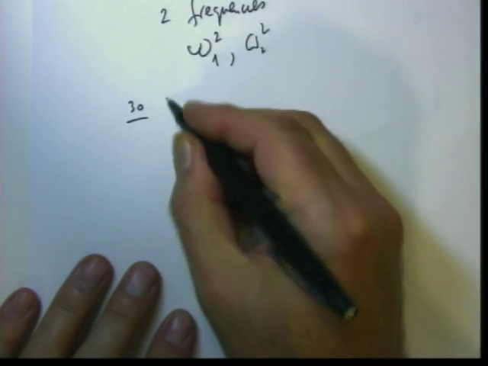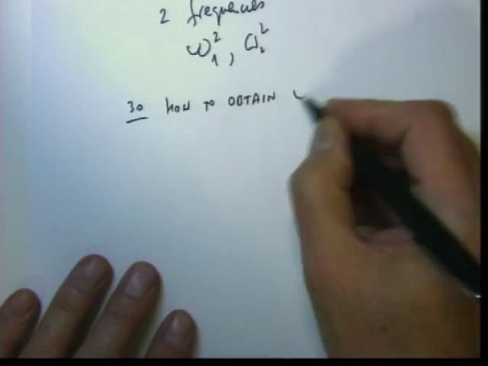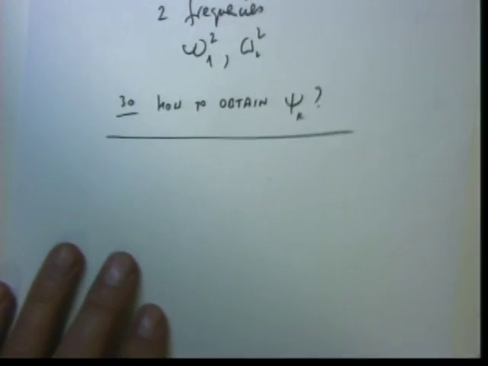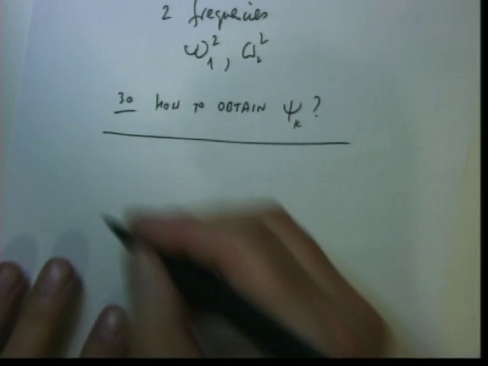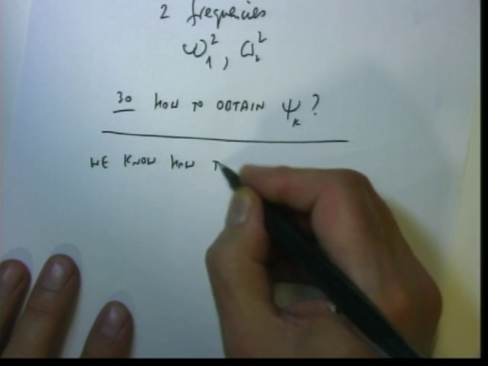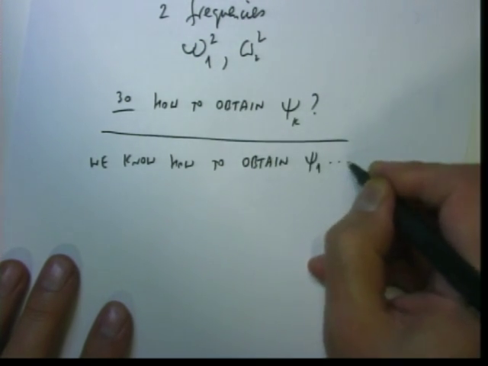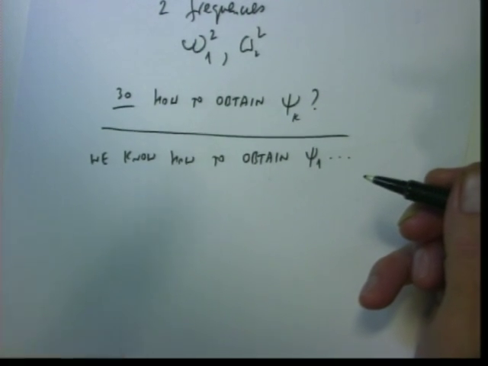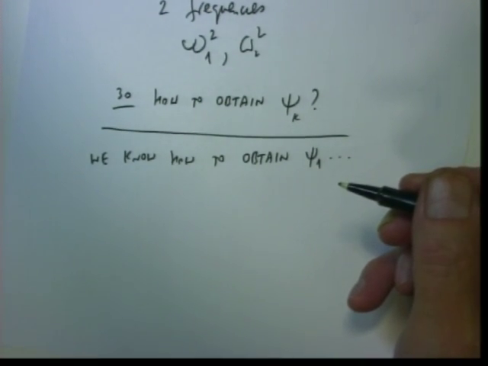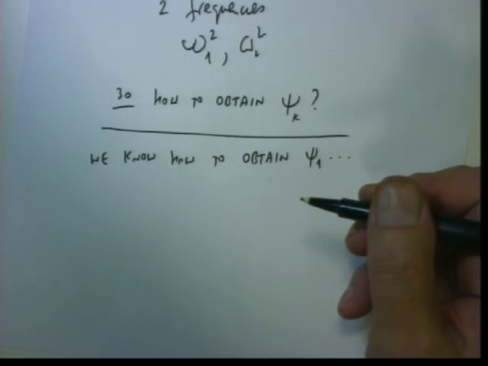Now we can deal with topic 30. How to obtain psi k. We know how to obtain psi 1, of course, as you already did for the simply supported case and clamped case, as well as I assigned you how to find it for other boundary conditions.